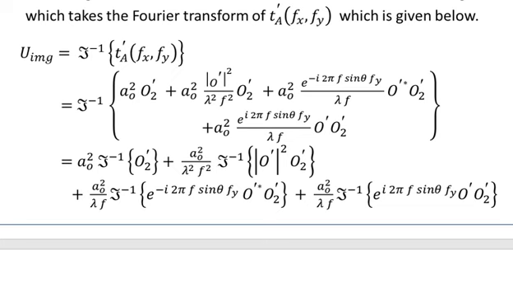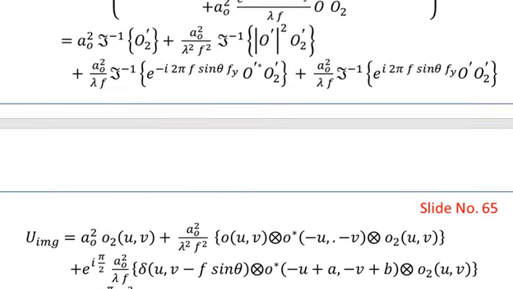And then in the fourth step we have the inverse Fourier operator operating on e to the power iota 2 pi f sine theta fy, and two terms with that one, that is O prime and O2 prime.